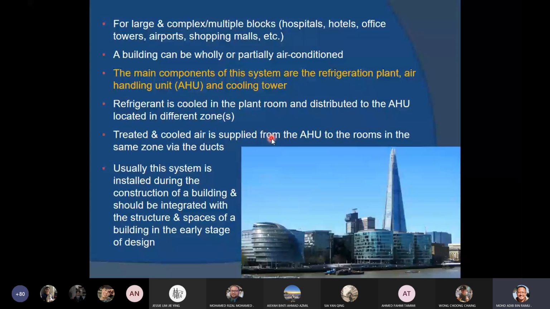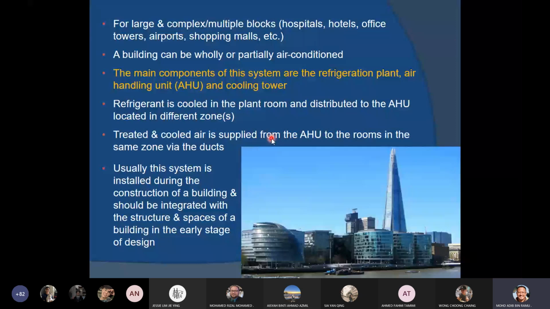But if the building is not tall but it is large, sprawled on the ground, maybe just 3 or 4 stories but quite wide, for example like a shopping complex. Normally shopping complexes are not that high, but they are large compared to a high-rise building. For this kind of building, the zone can be in terms of wings.